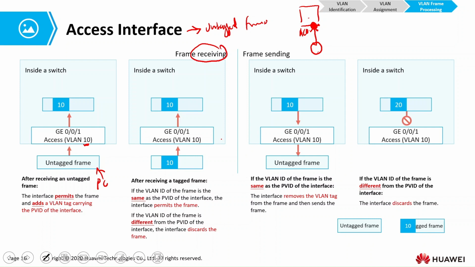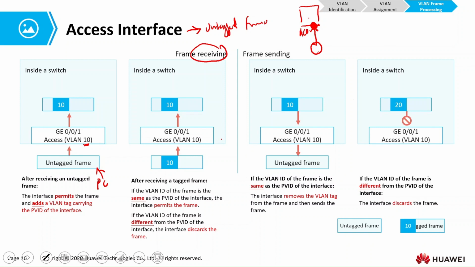So what happens? You check whether the tag is the same as the PVID, to decide whether to allow it to pass or not. If yes, you allow it to pass. If not, you discard it. So you check whether it is allowed or not.